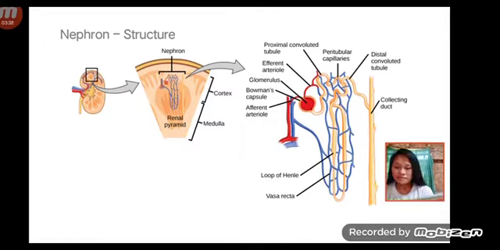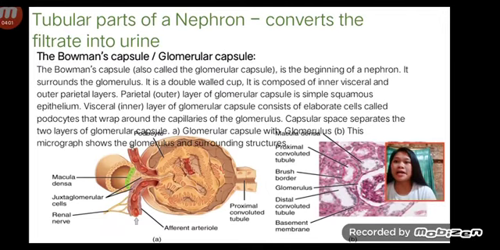In the nephron, its function is transportation of urine and absorption of water. It is a duct that receives and concentrates urine from the distal convoluted tubule of nephrons and discharges into the renal pelvis. So the tubular parts of the nephron convert the filtrate into urine.